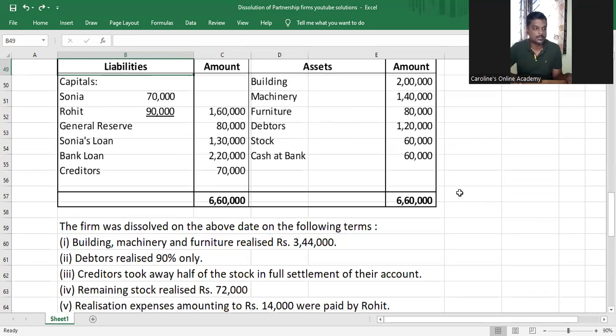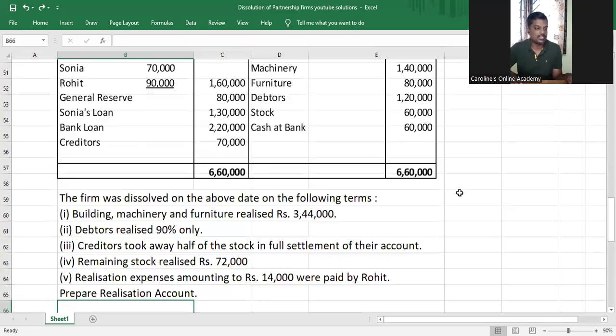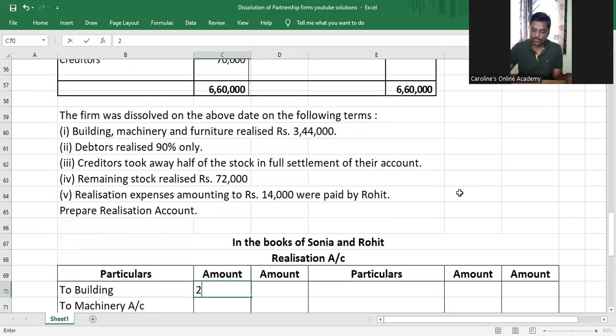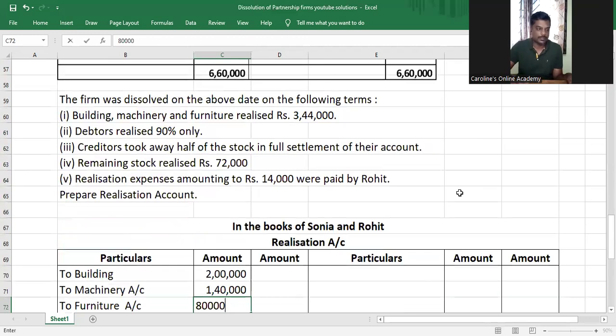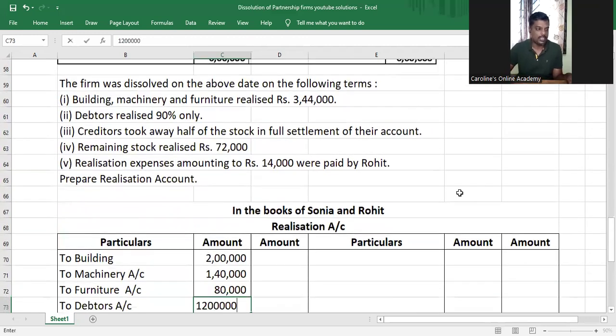And the amount is 2 lakh, 1 lakh 40, 80, 120, 60. This is the book value. 2 lakh, 1 lakh 40, 80, 120, and 60,000.